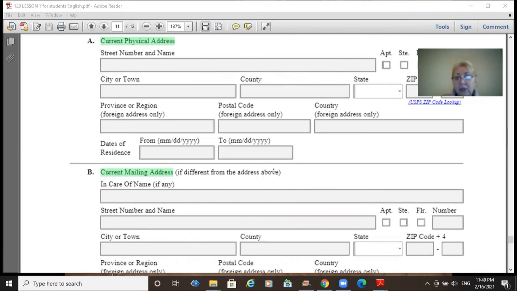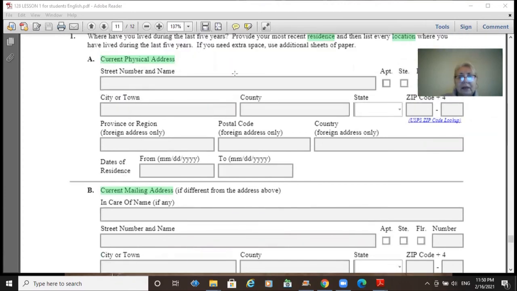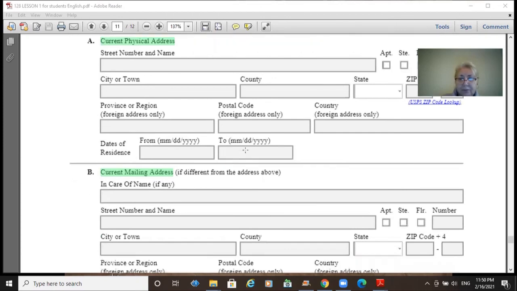If not, you're going to have to provide the mailing address. Maybe it's your friend, maybe it's a P.O. box, maybe you get the mail at the post office. So you will have to provide it if it is different from the address that you provided in Part A.